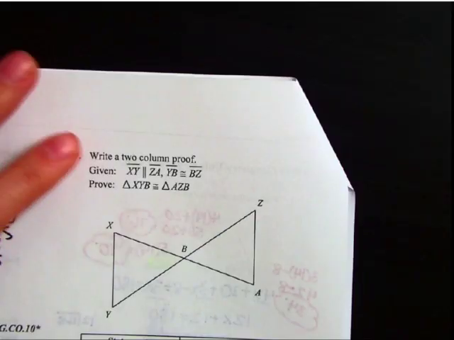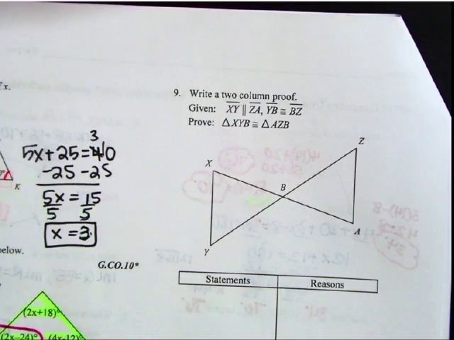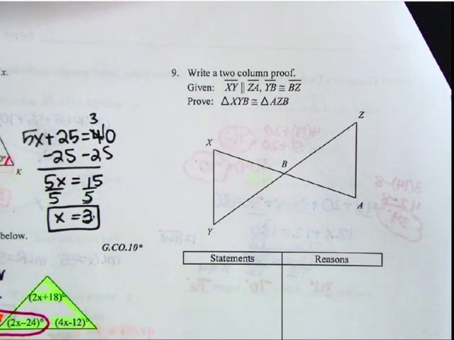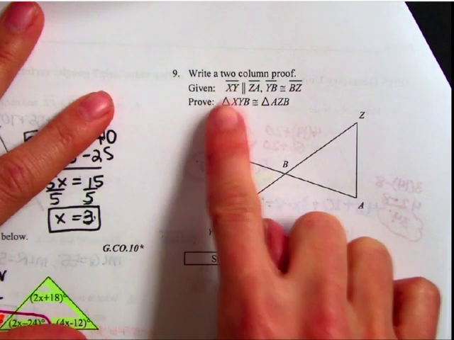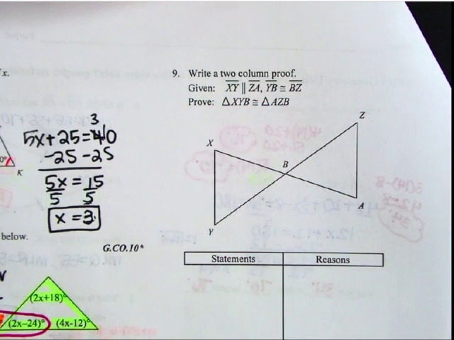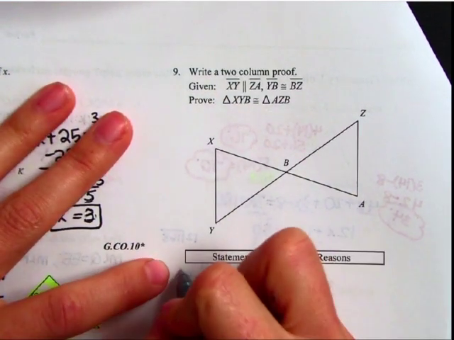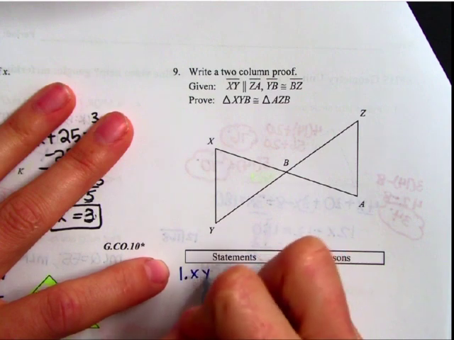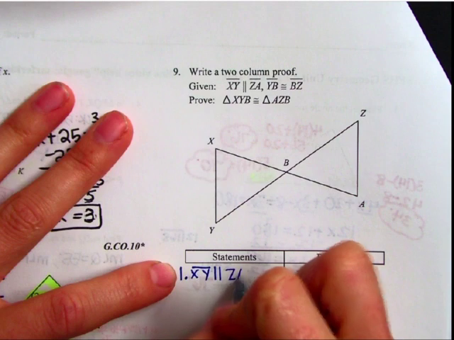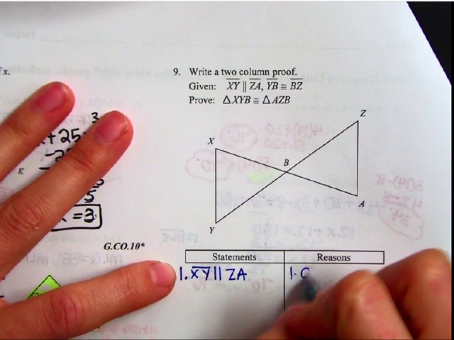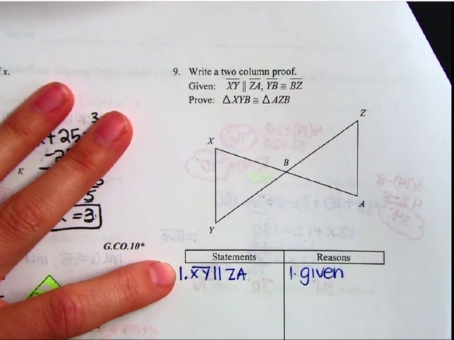Okay. Next problem here is our 2-column proof, where we are going to be using the given information to prove that the triangles are congruent. So we will start with writing the given information. XY is parallel to ZA will be my first given statement.